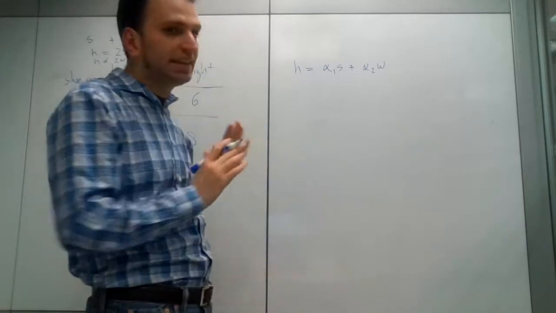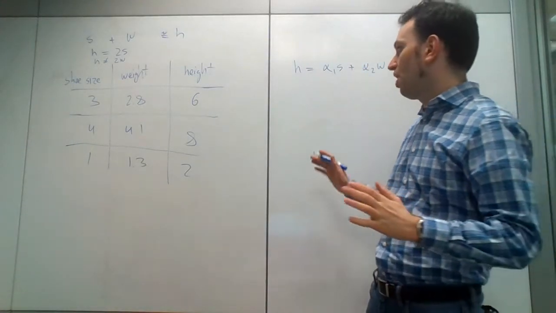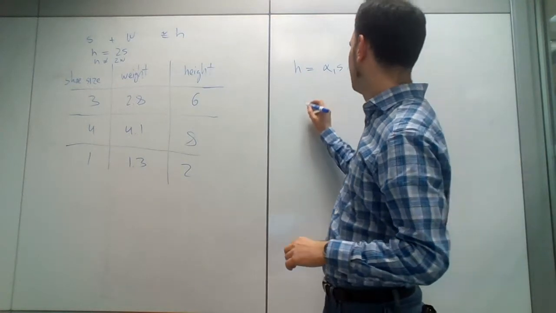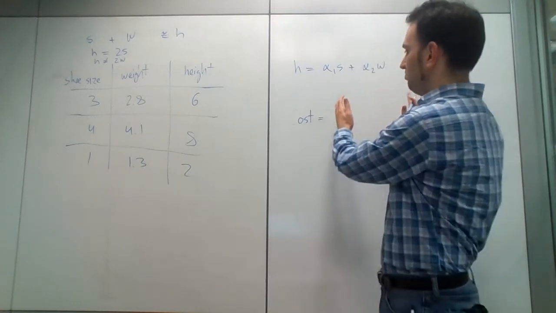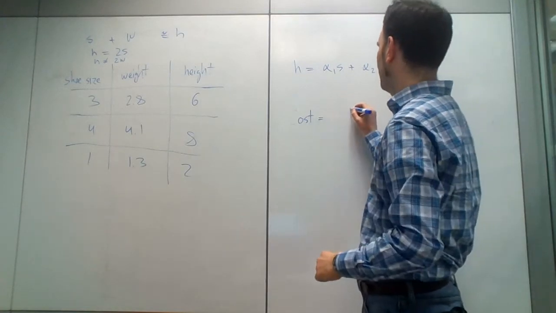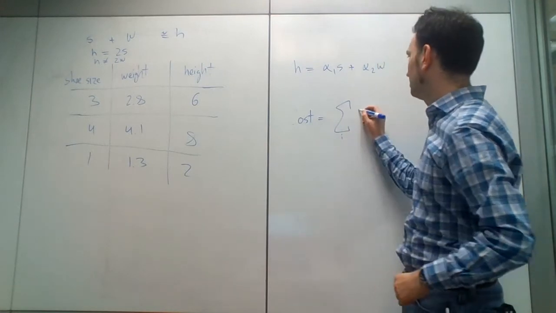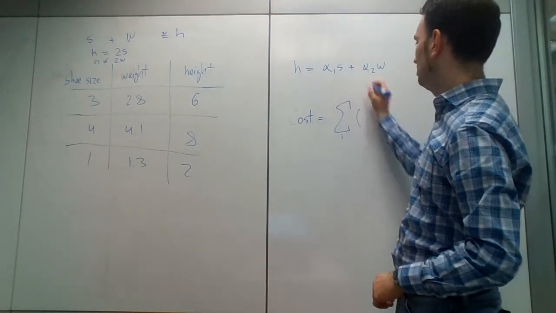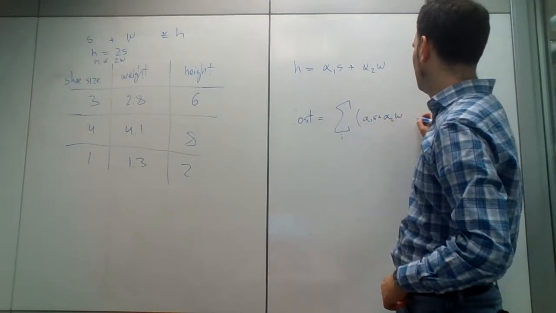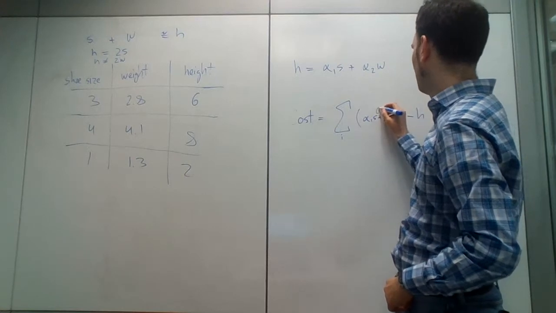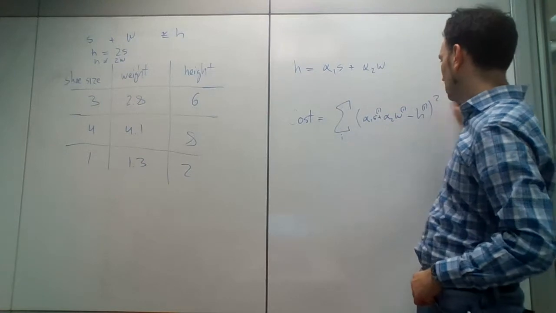So now let's see what happens when we apply regularization. Our cost function is going to be the error in the prediction. So the error here is going to be the sum over every i of alpha 1 s plus alpha 2 w minus h, all squared.